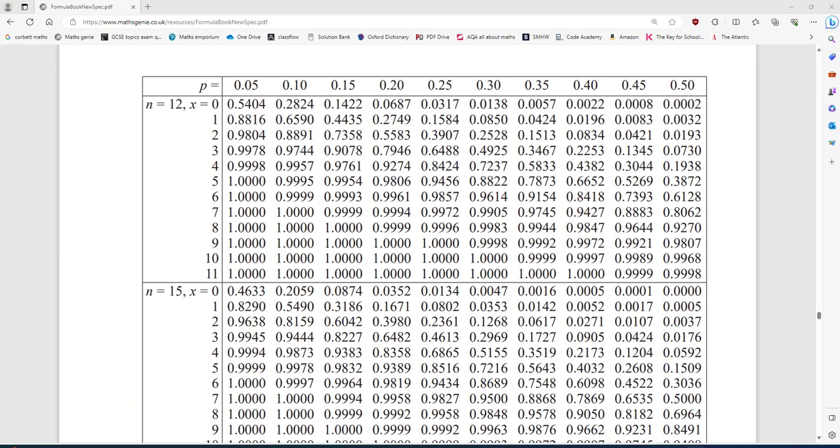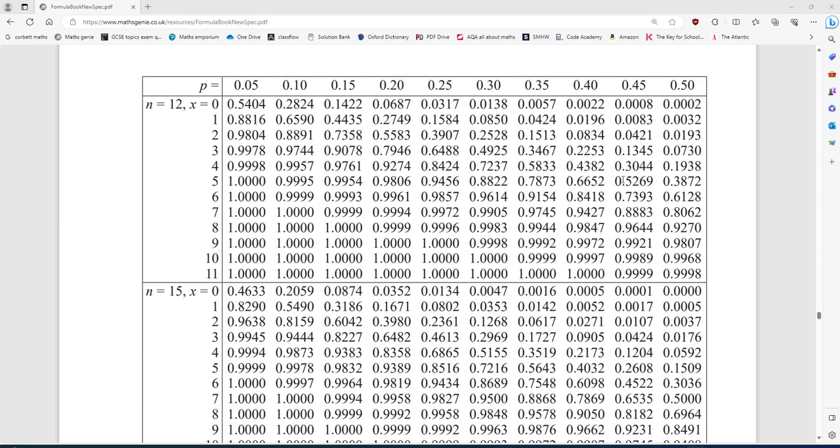Now I've mentioned these binomial distribution tables to you before in previous videos, stating it was in the formula book. So here's an example of how we're going to use it. We know that n in our case is 12 and the corresponding probability is 0.30.